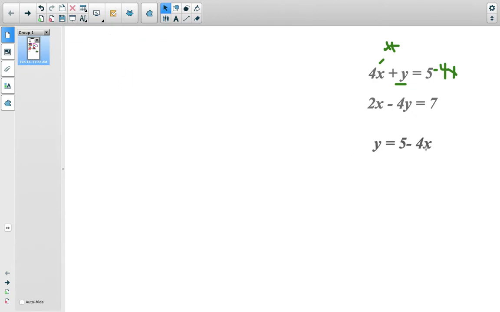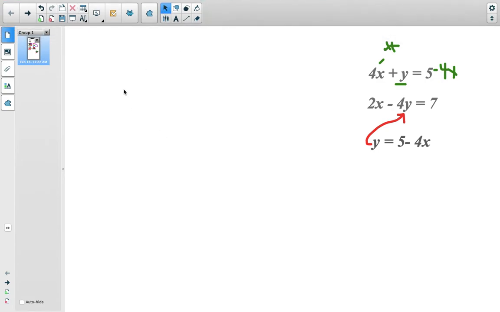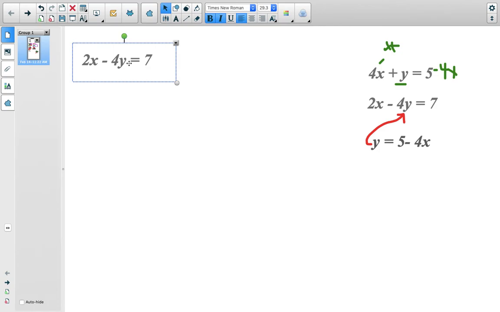Okay, so now I have this equation, and I'm going to plug in this y into the other equation. If I do that, I end up getting 2x minus 4, and instead of y, I'm plugging in 5 minus 4x. So now I isolate for x.